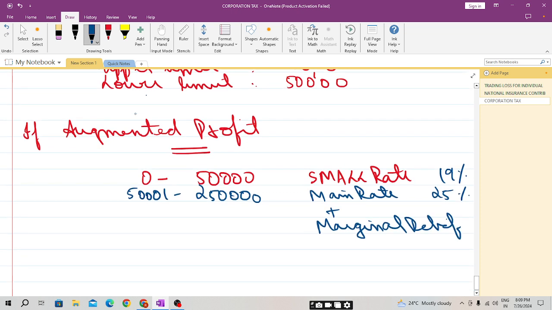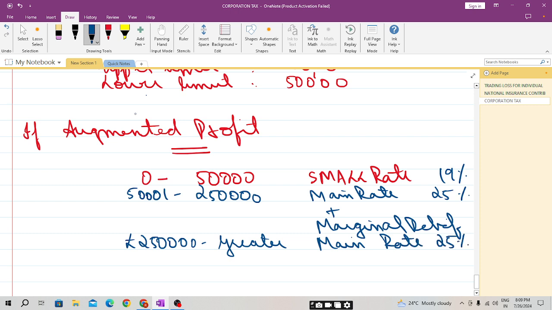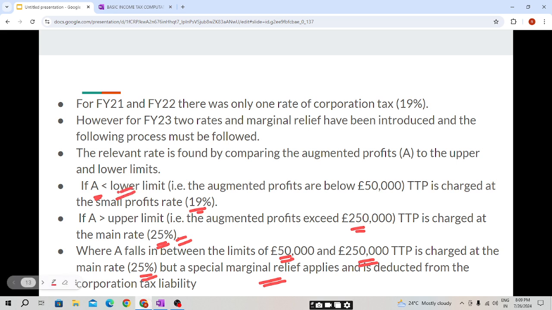And if greater than 250,000, it will be paid at the main rate, that is 25%. I hope this is clear, students. If the augmented profits are below 50,000, it will be paid at 19%. If augmented profits exceed 250,000, then 25%, and augmented profits between 50,000 and 250,000 will be charged 25% plus marginal relief. I hope this is clear, students.